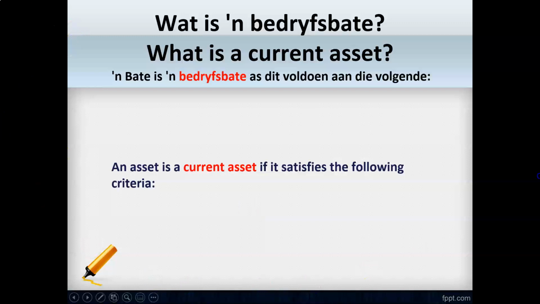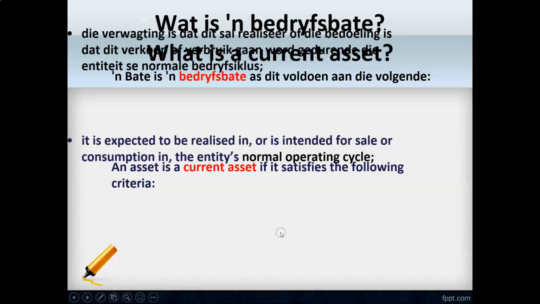And once you have actually identified the element as an asset, I can ask you to define and write for me, with theory behind it, and then actually justify whether this asset is a current asset or a non-current asset. So therefore you have to know these criteria because it can be an additional question to the conceptual framework.